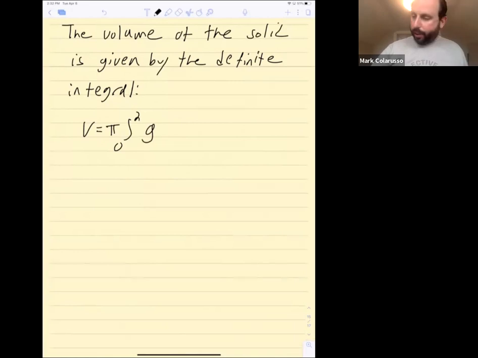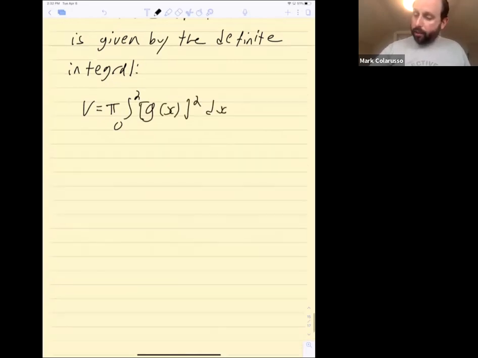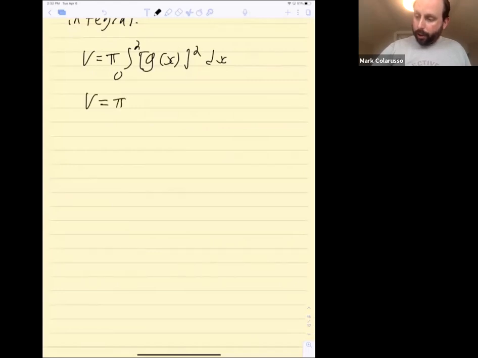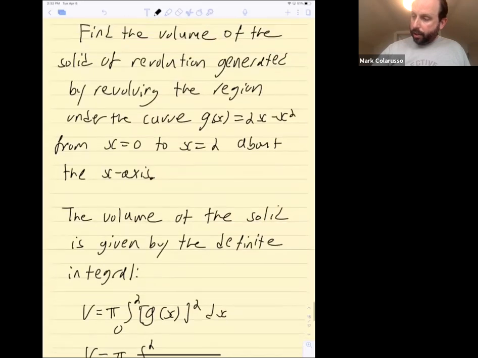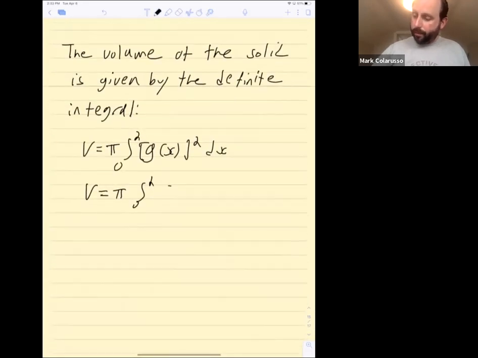I'll put the pi outside to save us some time. So this is pi times the integral from 0 to 2. The g was this guy, 2x minus x squared, and we square it.